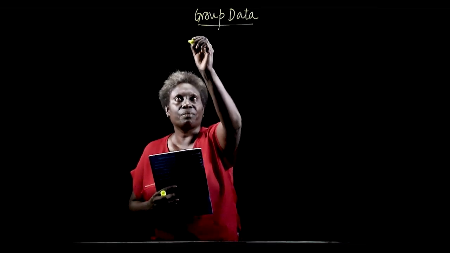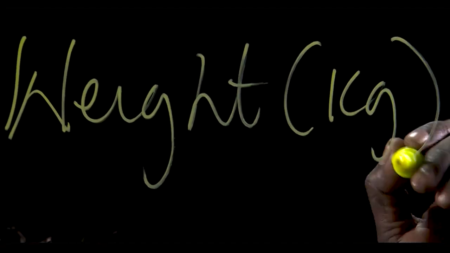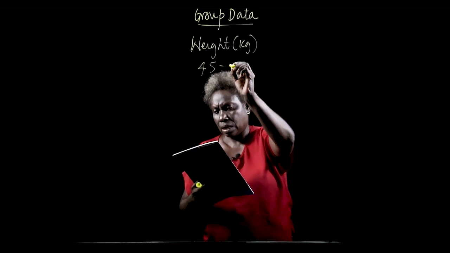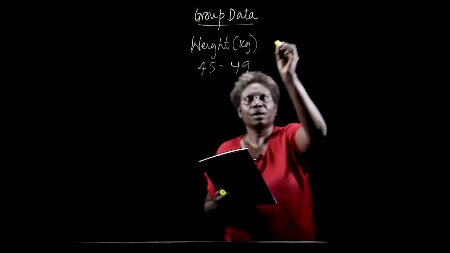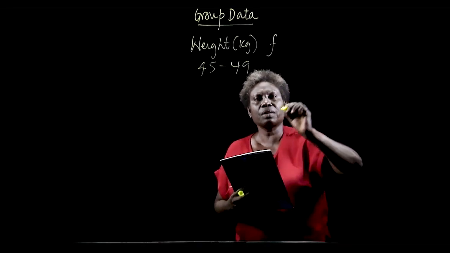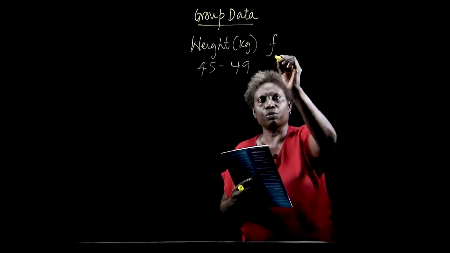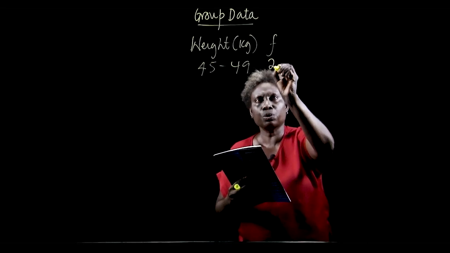So we have the weights in kilograms. We start with 45 to 49. Then we have the frequency. Frequency tells us the number of students who weigh 45 to 49. We have 2.